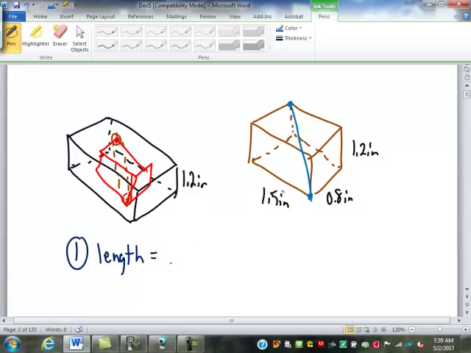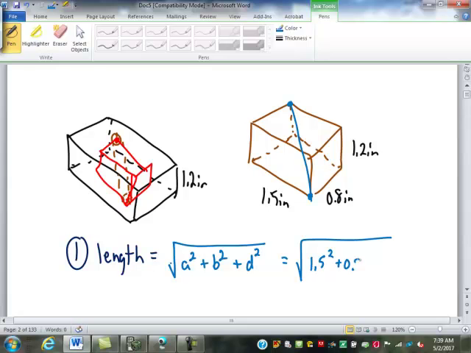How would we find it? A squared plus B squared plus D squared. I don't want to call it C, but it's the square root of 1.5 squared plus 0.8 squared plus 1.2 squared.